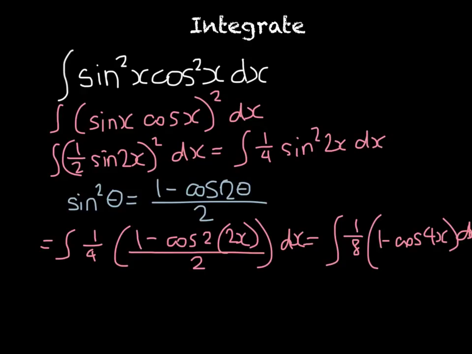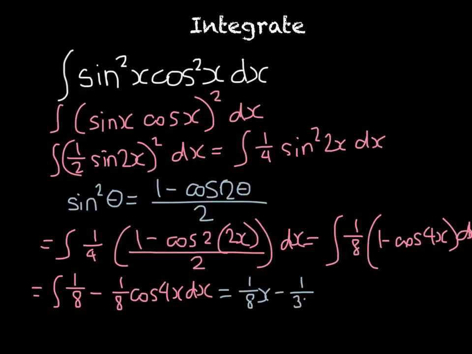And from here we can just integrate, because that'll just be 1/8 minus 1/8 cosine 4x dx. So 1/8 x minus 1 over 32 sine of 4x plus c is our final answer.